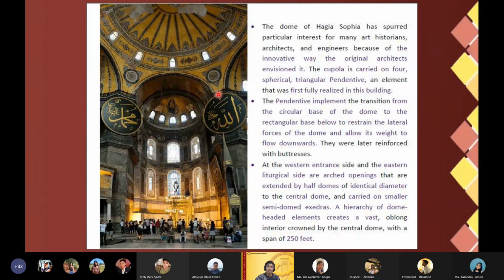Mao na ni ang mga gipang add-on during the time nga nahimong mosque ang Hagia Sophia. Okay, so if you read this one, you would have the definitions on this part of the building.